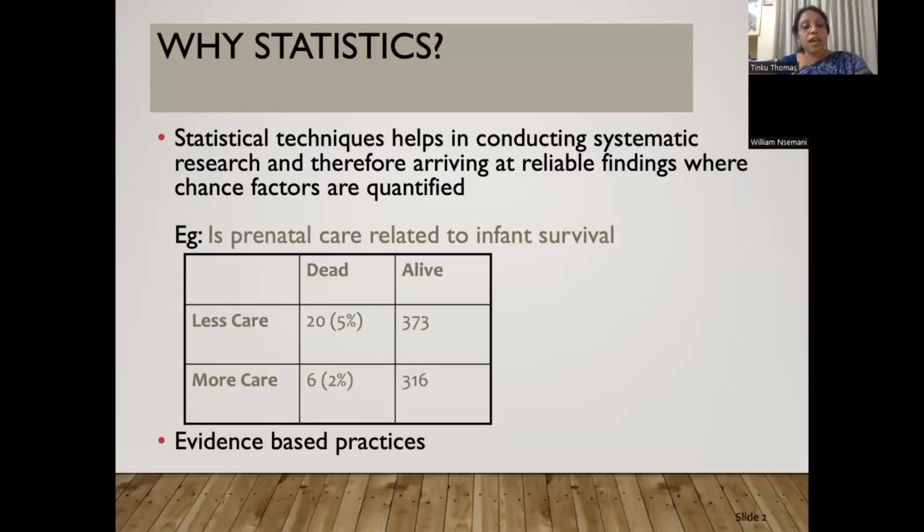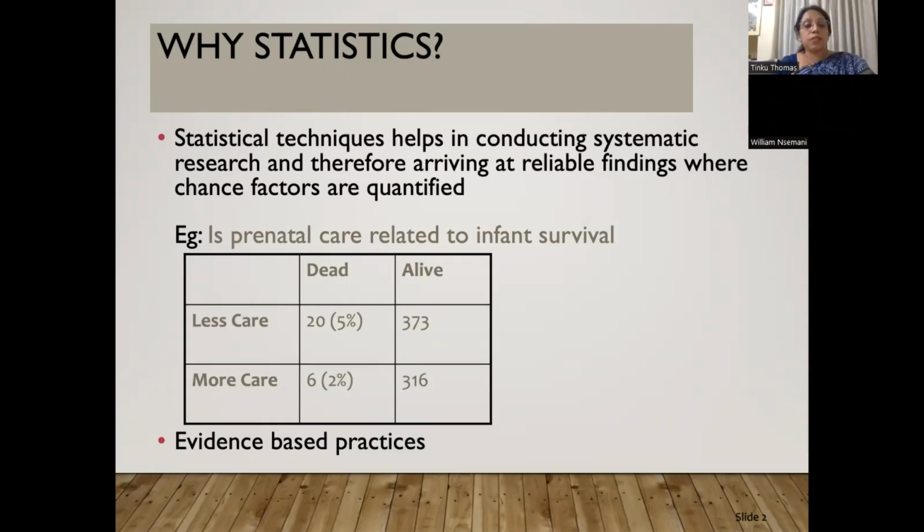We have 393 people who received less care and 322 people who received more care, out of which only 20 died in the less care group versus 6 in the more care group. But the denominators were different, and therefore the percentage difference is not as magnified as 20 versus 6, it is a difference of 3 percentage points.